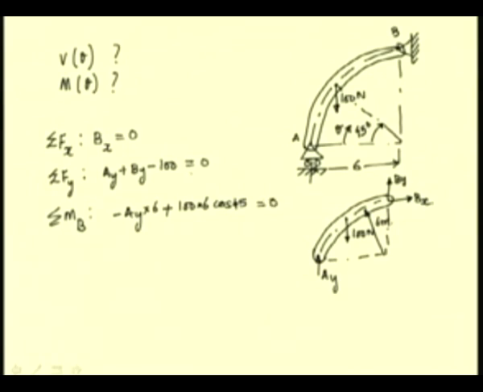So, from these two equations we can find Ay and By. Now, after we have found these external reactions, we can move on to determine the internal forces.